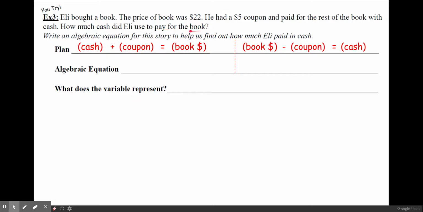Well, we don't. That's the question. So we're going to replace that with a variable, C, plus the coupon, which is a $5 coupon, equals the book cost. We do know what that is. It is $22 for the book. So it's C plus 5 equals 22. Or book cost, 22, minus the coupon is going to equal how much he paid in cash, which is C. And what does a variable represent in this situation? Well, the C represents Eli's cash.